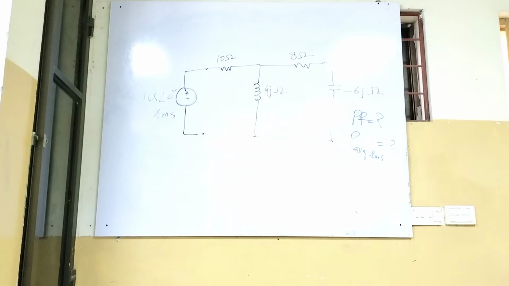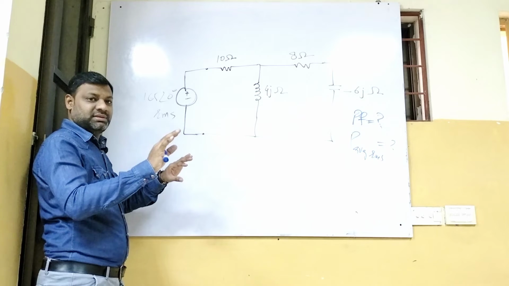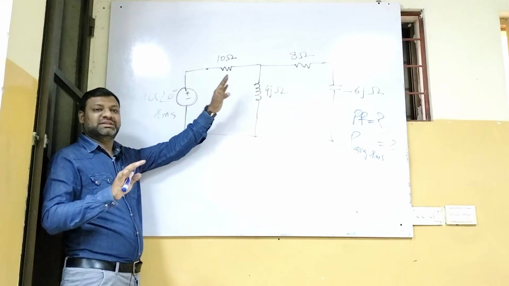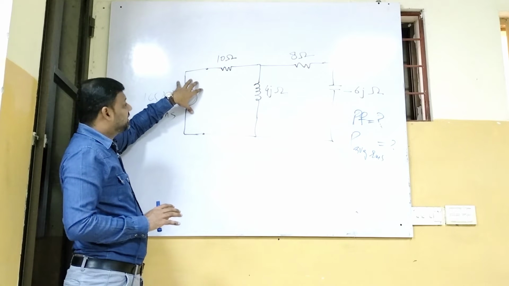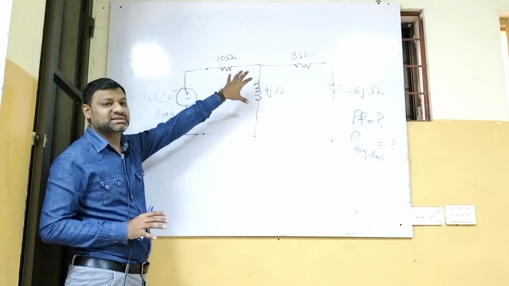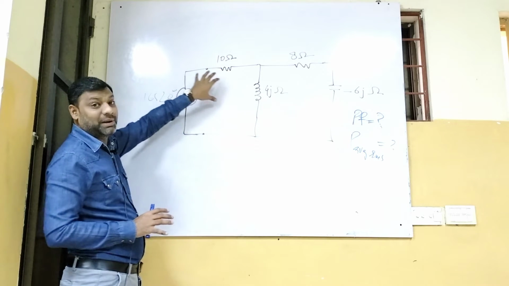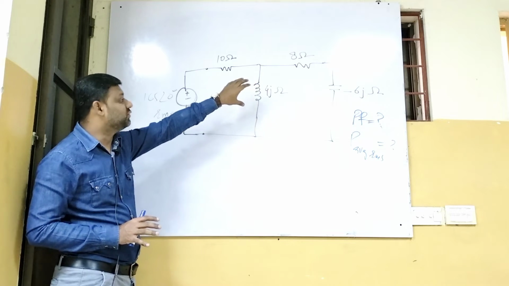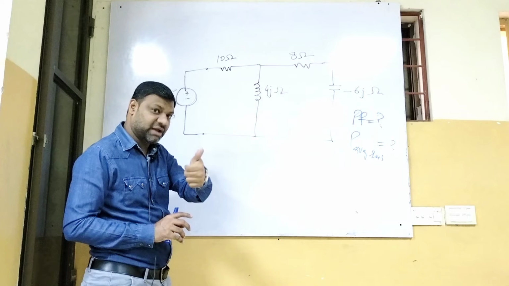He's only interested in the power that is seen by the source. The source has nothing to do with how many combinations there are. Yes, it has to do with it: it has to supply current accordingly, depending on the combinations. Okay, very good.